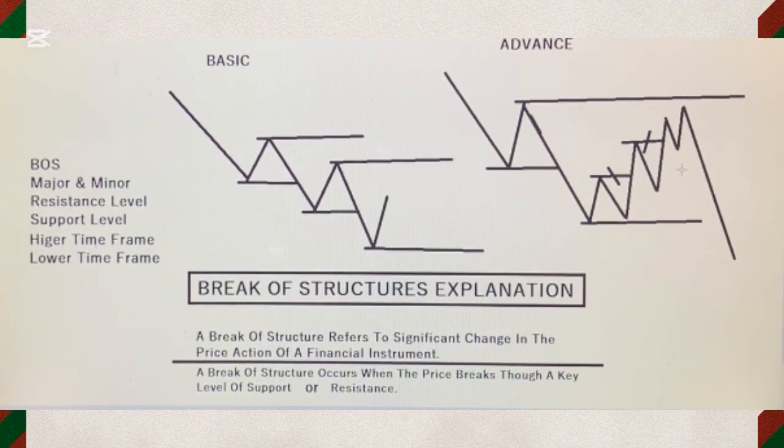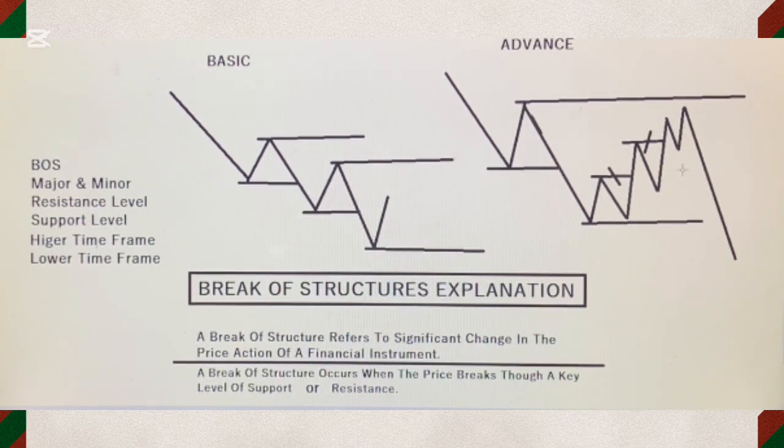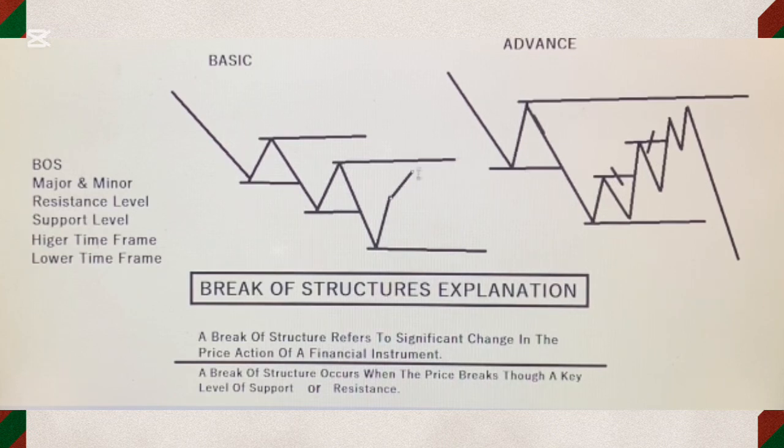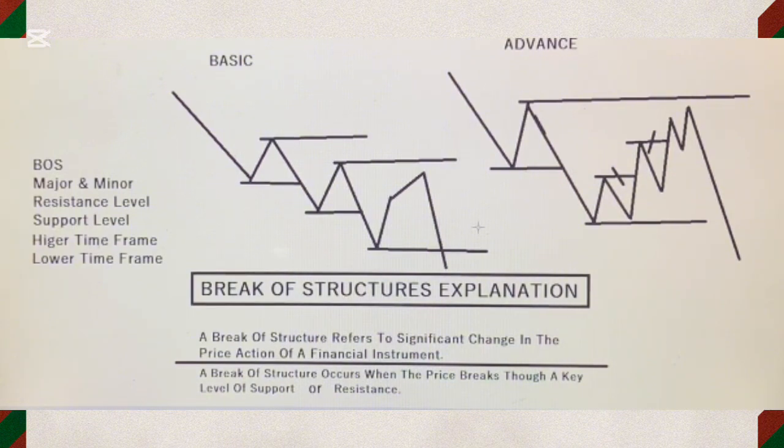a break of structure can be a signal of reversal of an existing trend, like this. We know right here that the market is already bullish. So how can we enter?